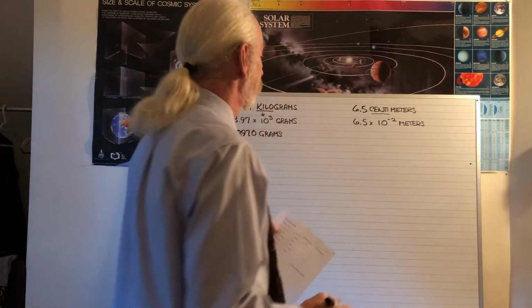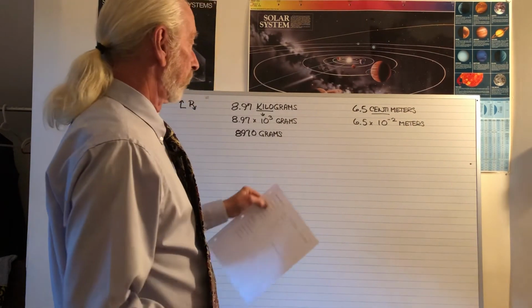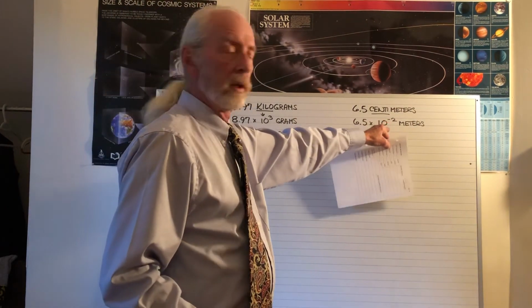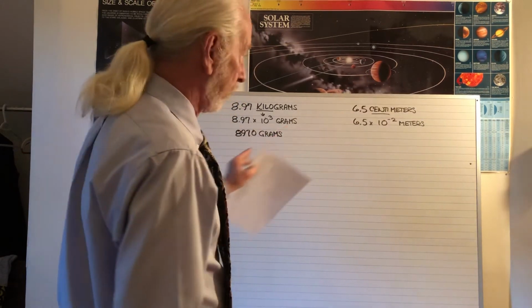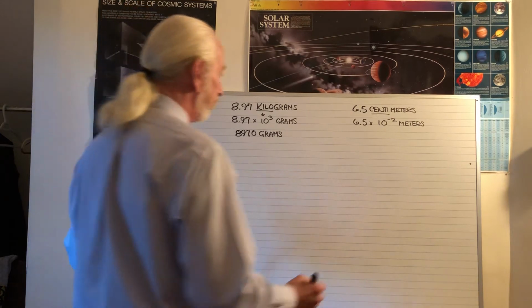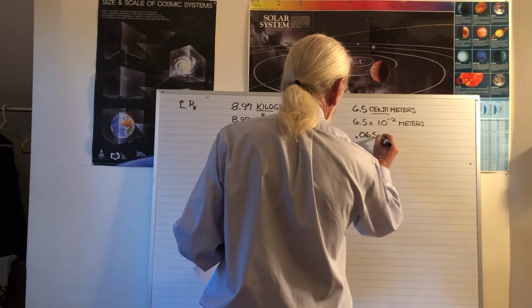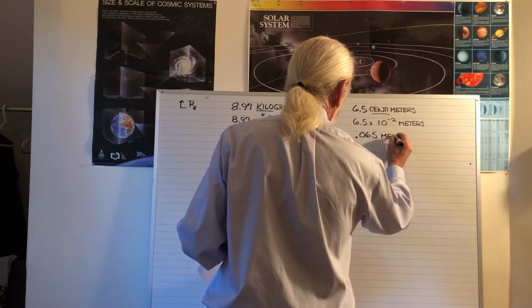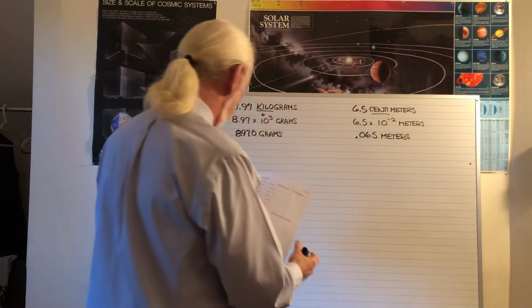All right, now I'll go to standard notation. Standard notation is 10 to the 0. So from a negative 2 to a 0, my exponent is moving up. So that means that my decimal will move to the left. All right, here we go.